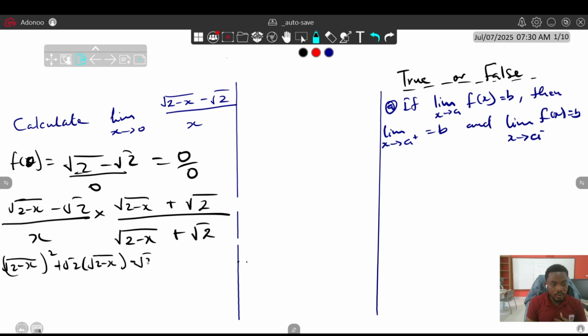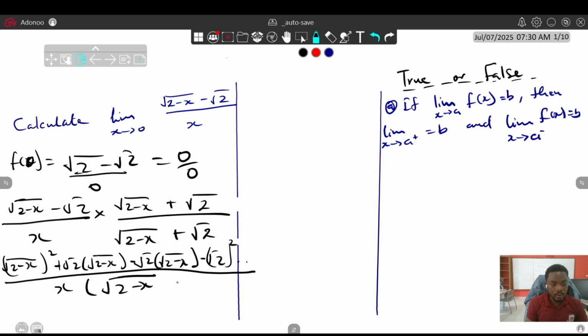Minus square root of 2 times square root of 2 minus x, minus square root of 2 squared, over x times square root of 2 minus x. Make sure your square root covers everything, and then plus square root 2.